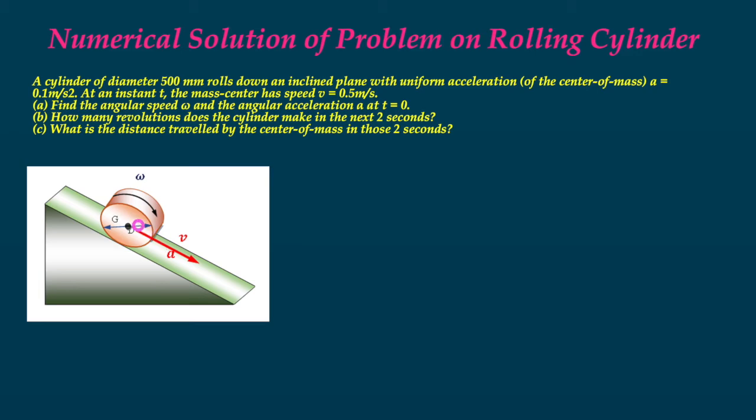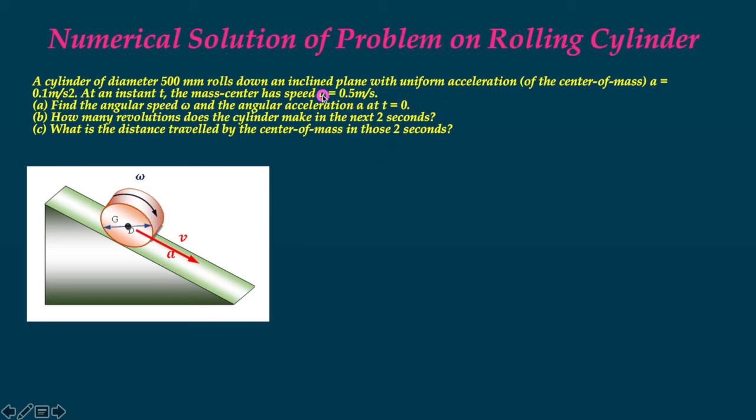Then we have to find out the angular speed omega and the angular acceleration at the instant t equals 0. That indicates initially.